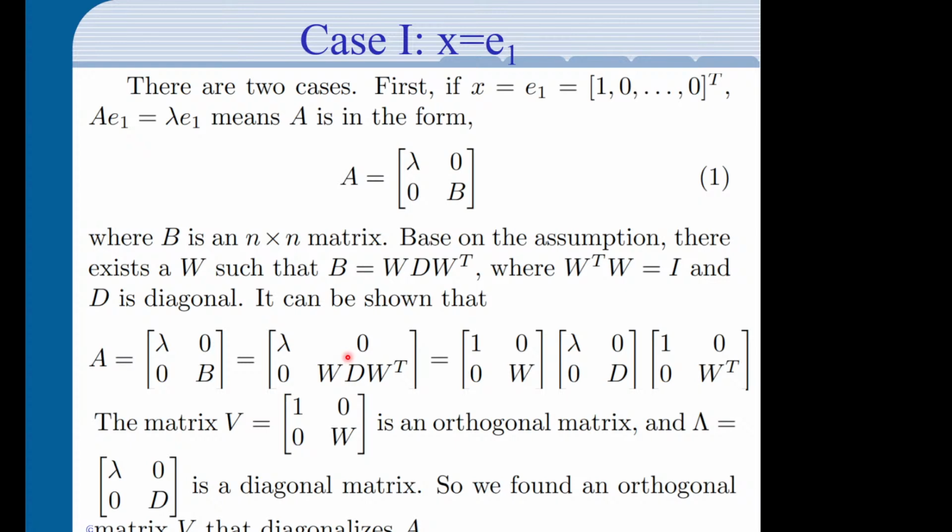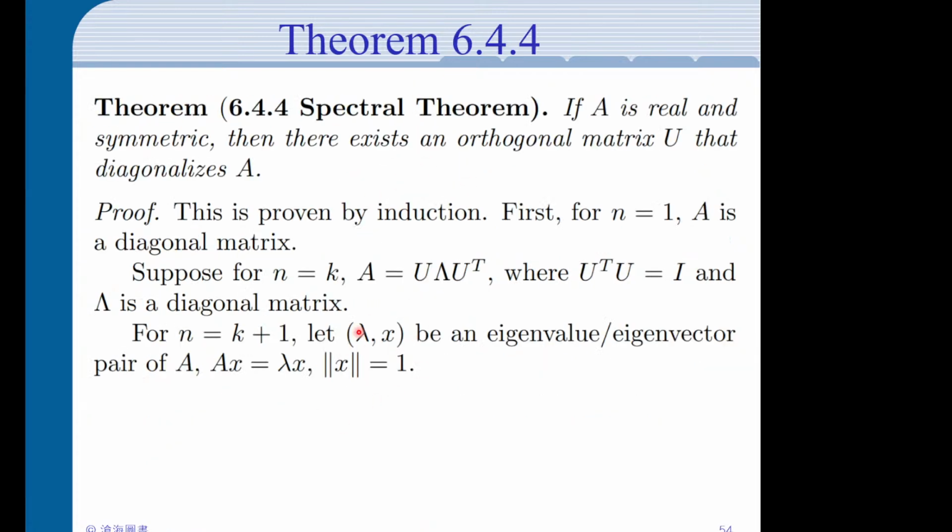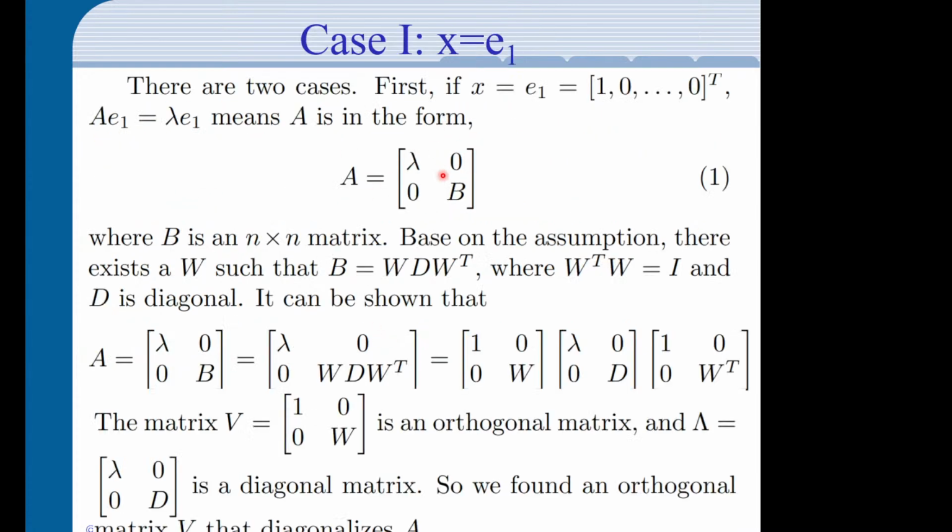Then we think about this special case, which shows what we are thinking. You can write A as basically a block diagonal matrix, where the first dimension is the eigenvector you just found, and everything else is the other block.